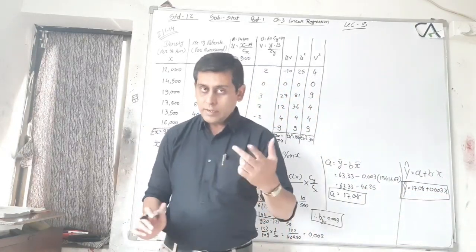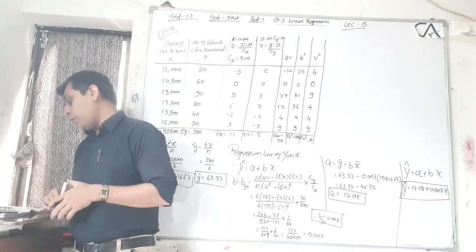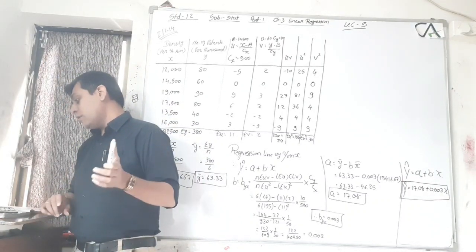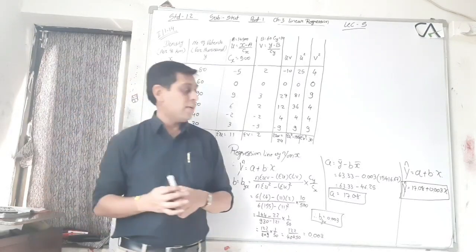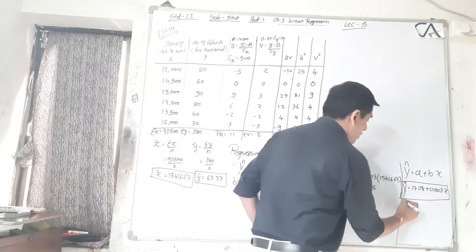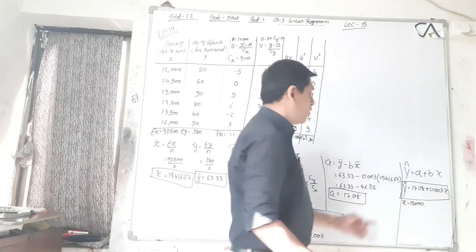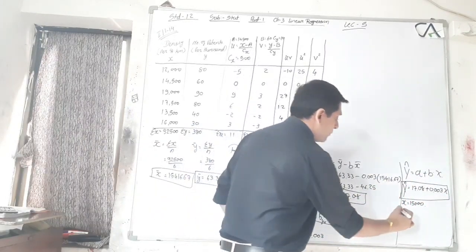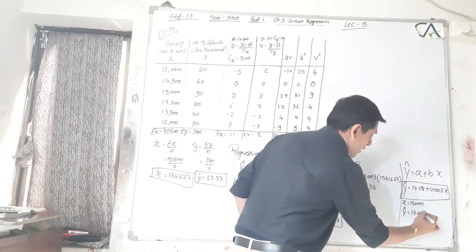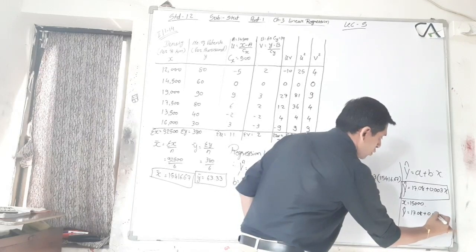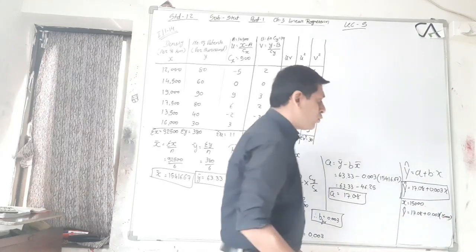Now the second question: if the density of population of a city is 15,000 per square kilometer, that is X equal to 15,000, then find the estimated value of Y. Y cap is equal to 17.08 plus 0.003 into 15,000.